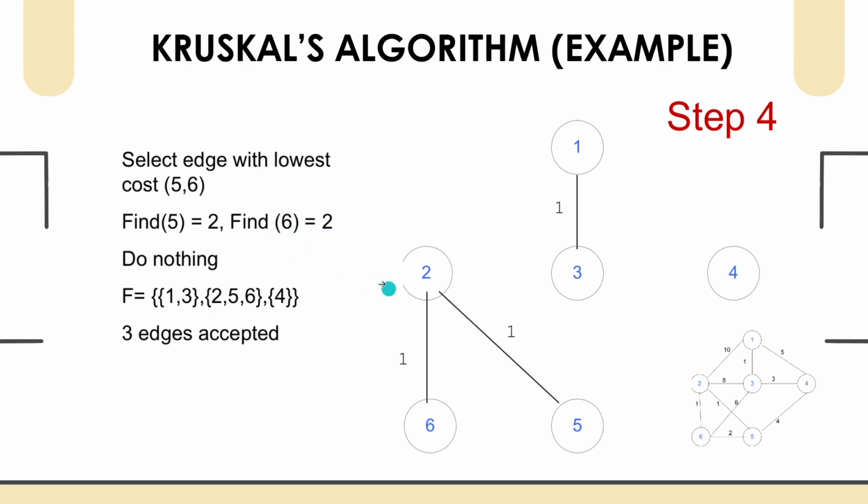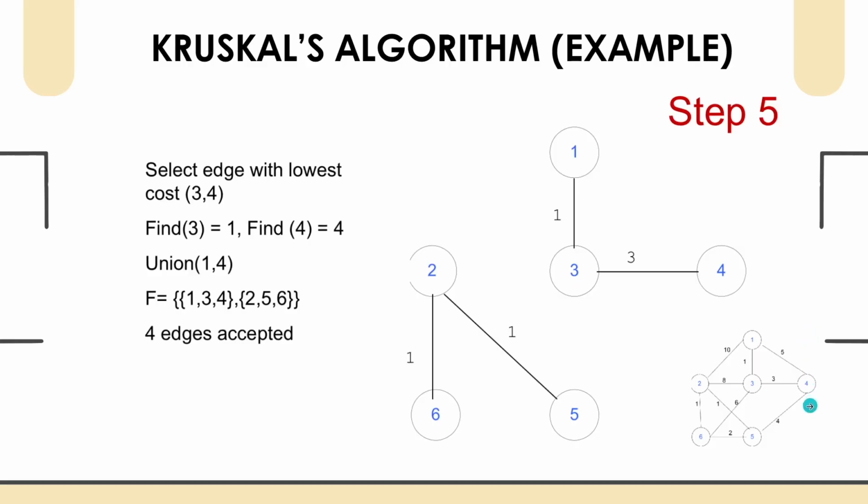So, when you do a union, you can see that both of them are 2, and so we do not take up this particular edge; rather we discard it. During this iteration none of the edges have been accepted, and so we remain in this step with just 3 edges accepted.